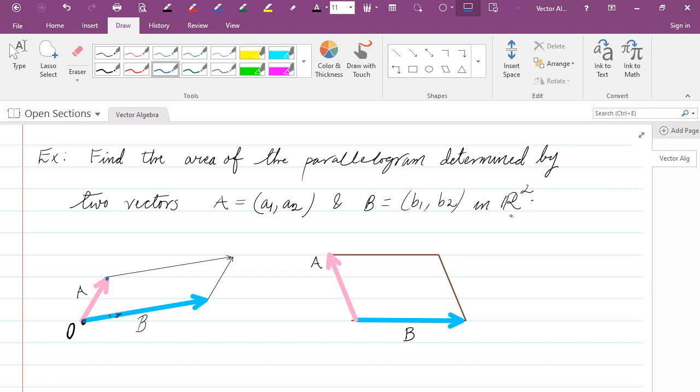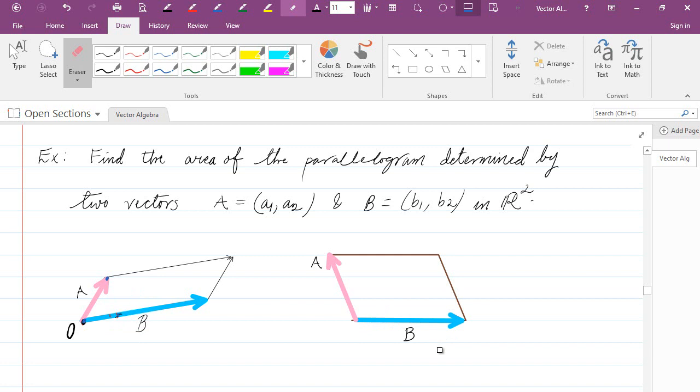The parallelogram spanned by A and B is either going to look like the one on the left, or like the one on the right, which depends on the angle between the two. If the angle between the two is an acute angle, then the parallelogram is going to look like the one on the left. If the angle between them is an obtuse angle, then it's going to look like the one on the right hand side.